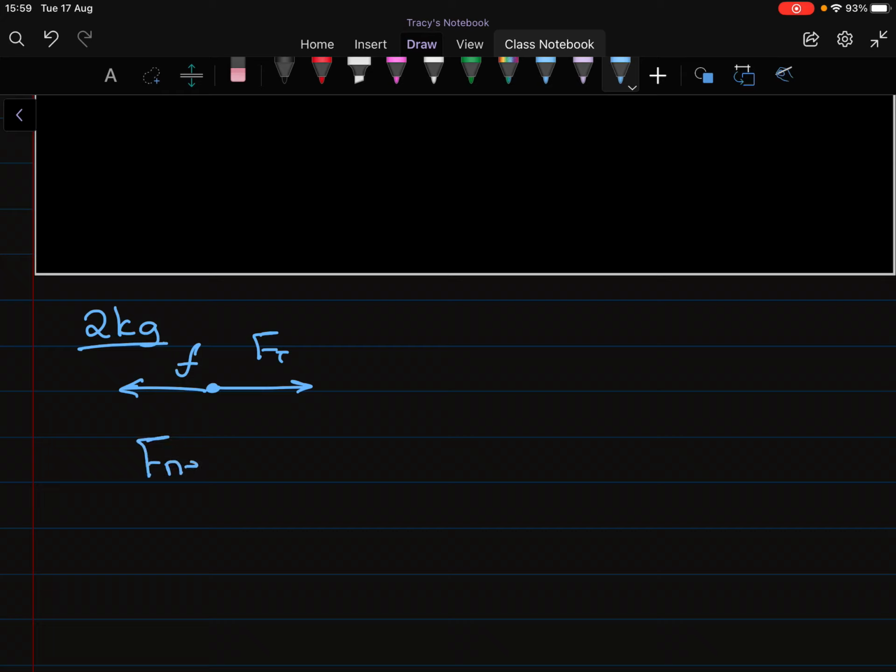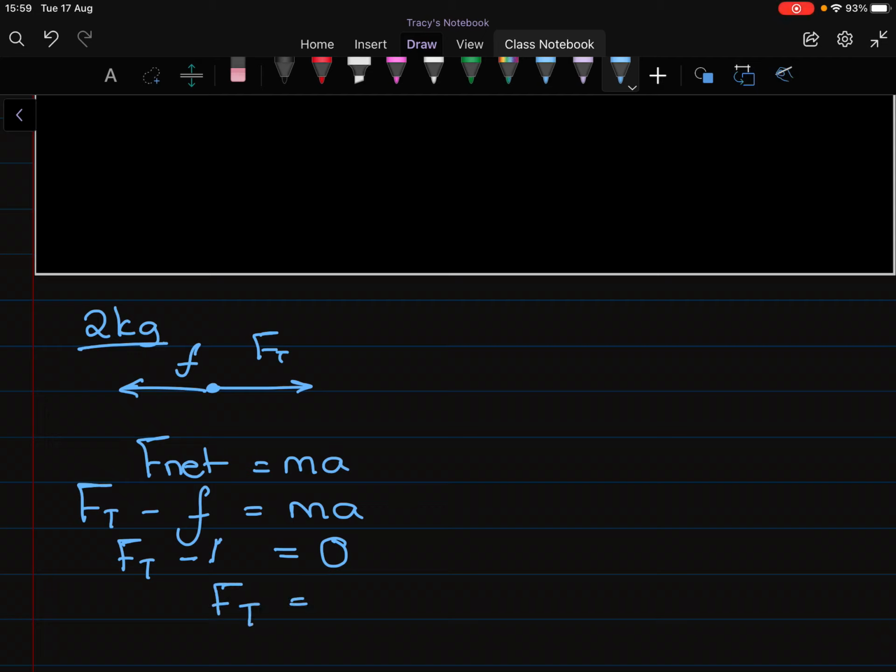I also know that F net equals MA, and this will be tension minus friction equal to MA. So Ft minus, what was it? They told me it was 1 Newton. Equal to 0, because A is 0. So my tension is 1 Newton.